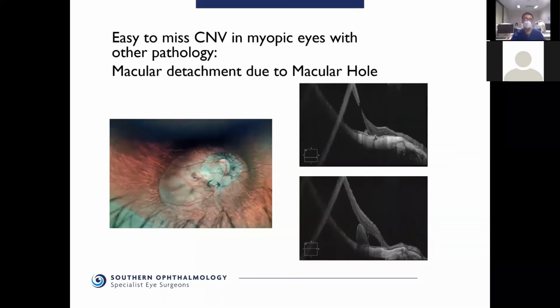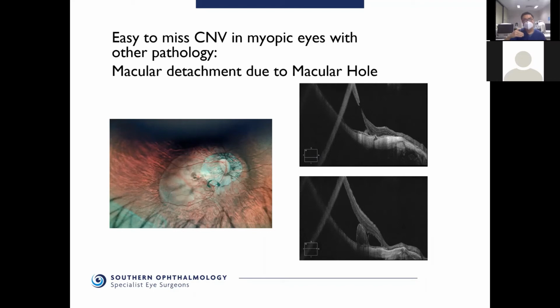Another example is this patient who had reduced vision. This patient's got a big posterior staphyloma, peripapillary atrophy, tilted disc, and OCT shows macular detachment due to a macular hole right there. Now, that's pretty significant pathology, and that needs to be fixed.